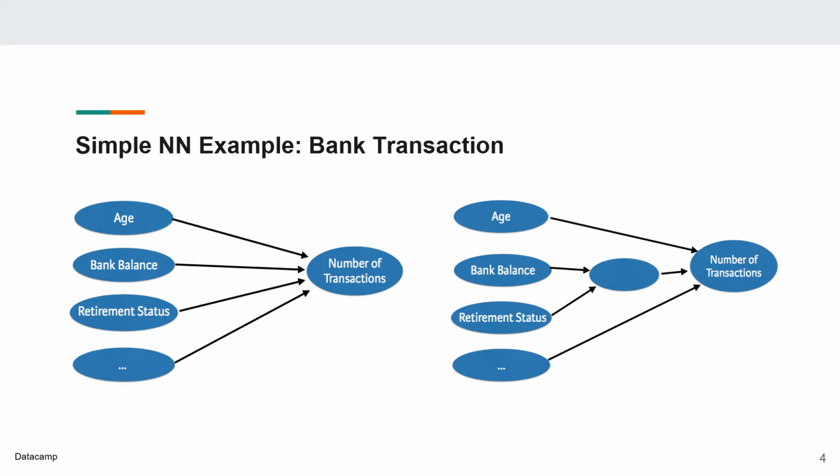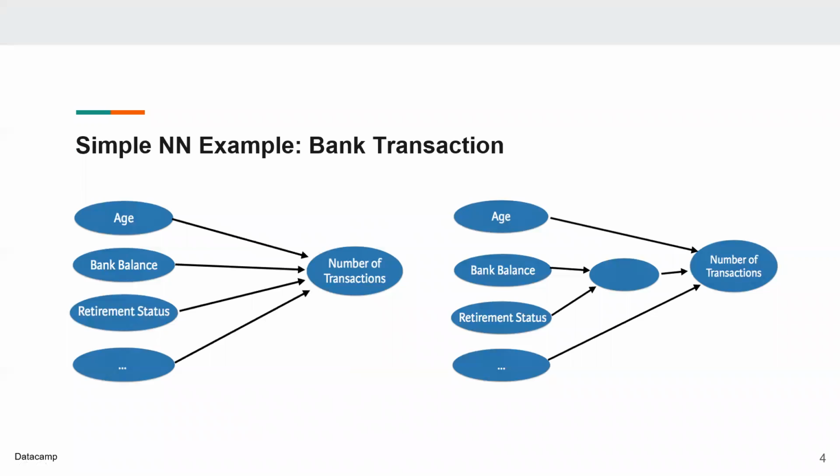This is coming from DataCamp. We want to predict how many transactions a person will make at a bank, which would be the dependent variable, or the y variable. On the left-hand side of the graph, it's more simple.